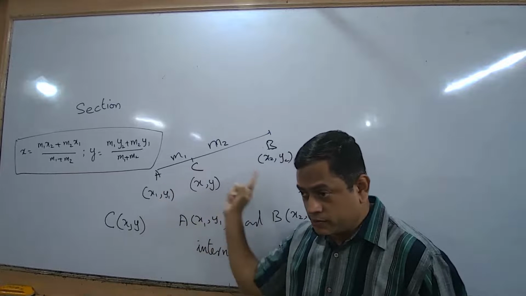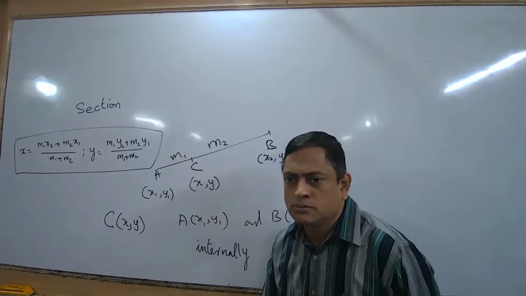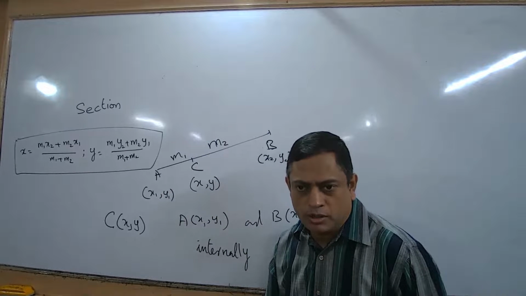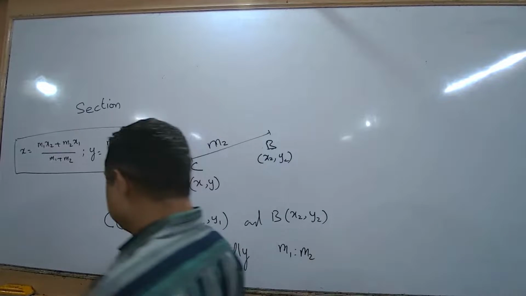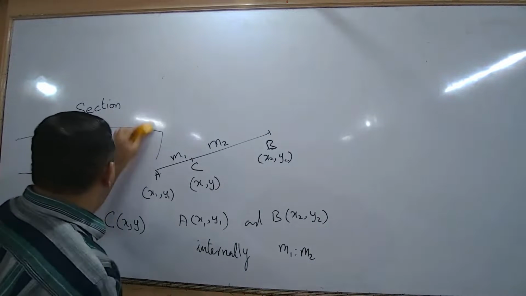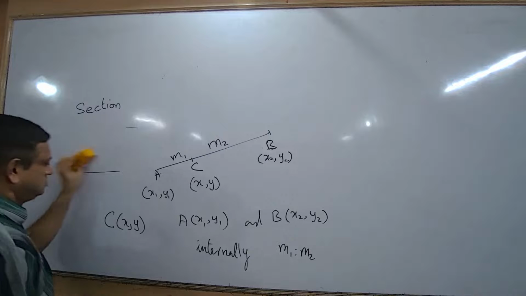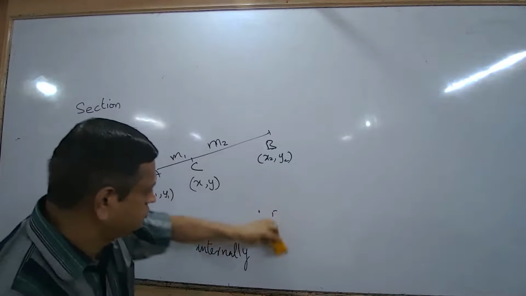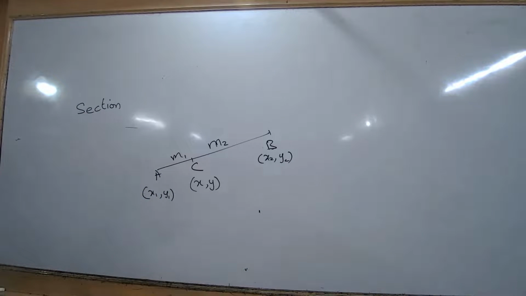The other one is the explanation. Who has learned the formula? Suti, tell the formula. x is equal to m1 x2 plus m2 x1 upon m1 plus m2.